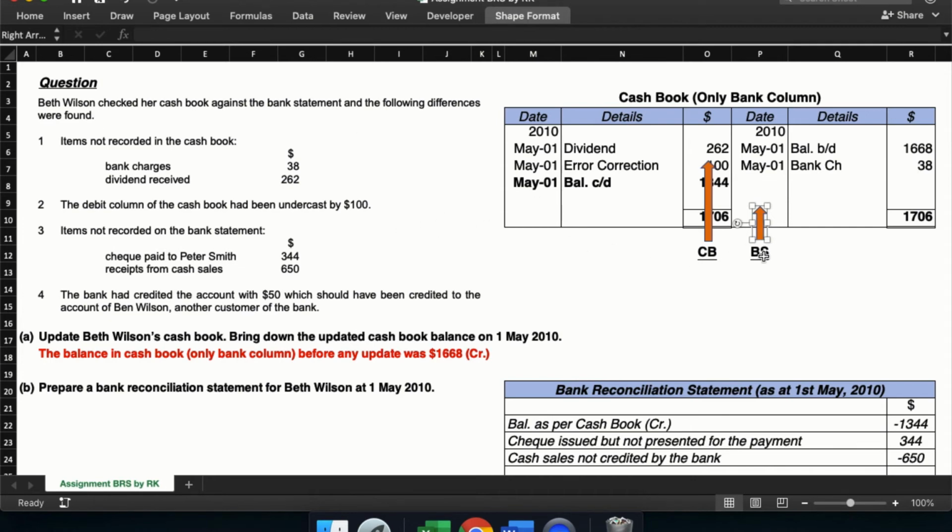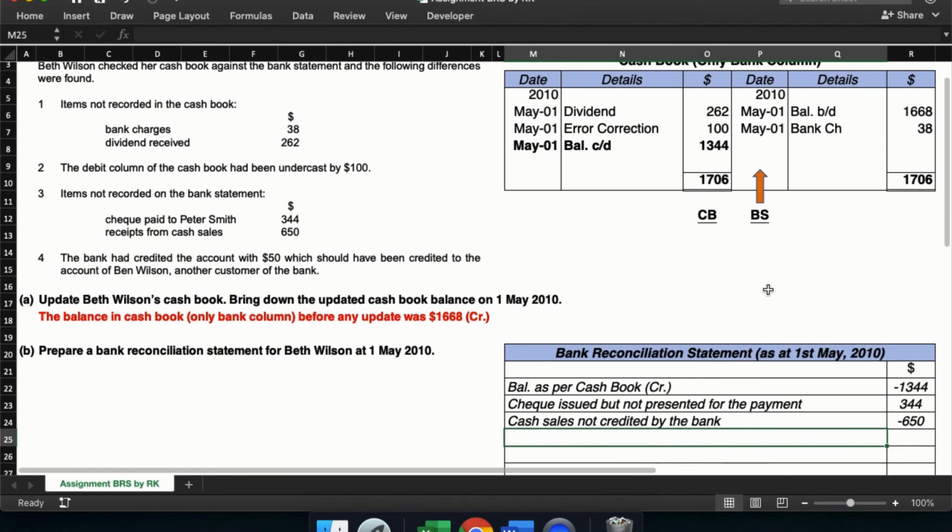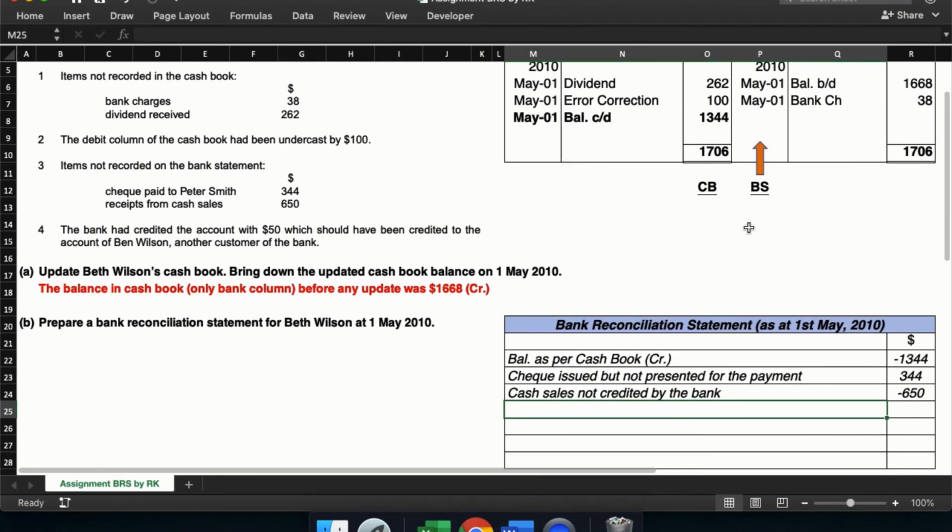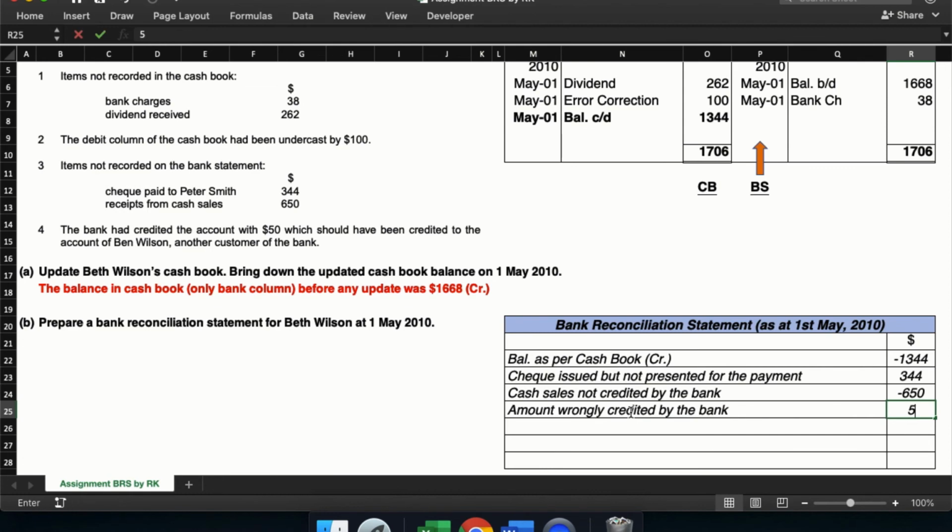So the balance in the bank statement has increased. This is basically a bank error. Now our target is to reach the bank statement balance, so I have to go according to the bank statement, no matter that it is a mistake done by the bank. For that I have to add. So I will write here: amount wrongly credited by the bank, $50.